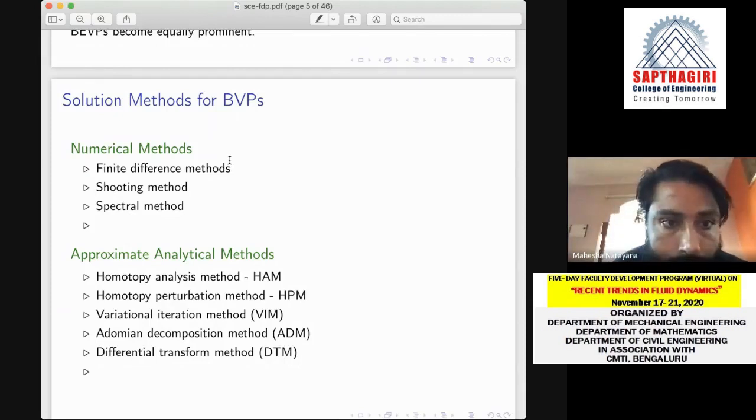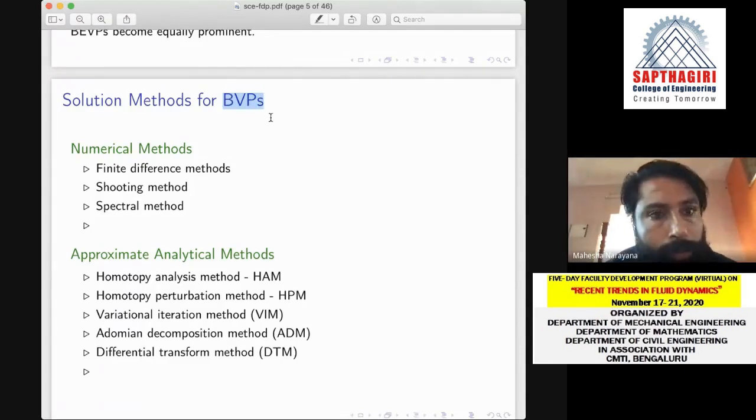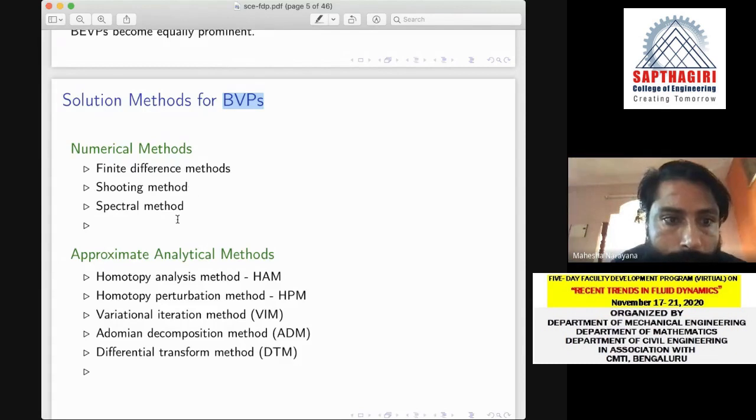Okay, so we'll just review what are the available methods for boundary value problems. There are numerical methods such as finite difference method, shooting method, and spectral method, which handle boundary value problems, and approximate analytical methods like homotopy analysis method and homotopy perturbation method, which have been extensively used in the recent past.